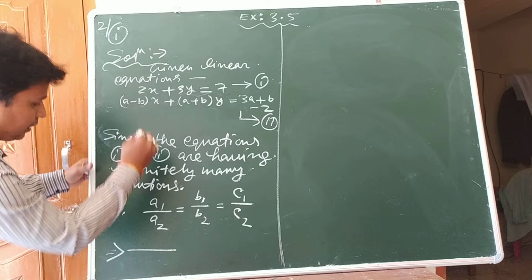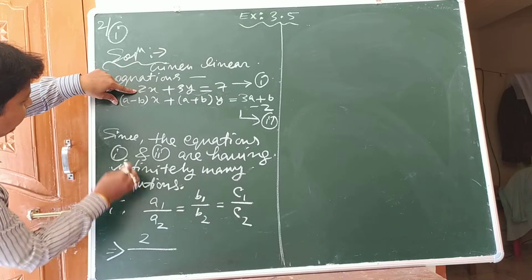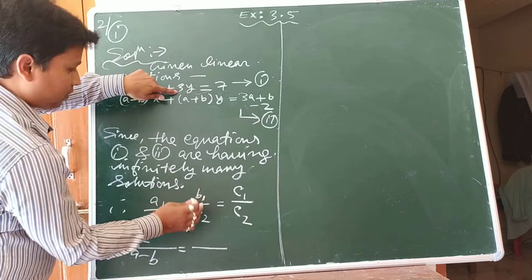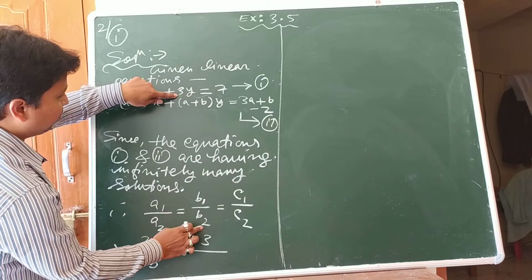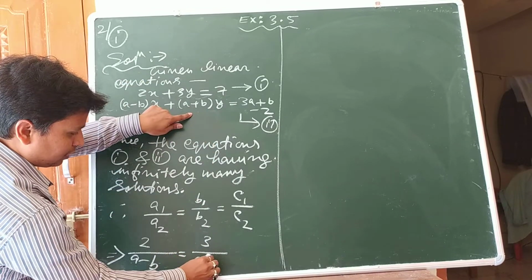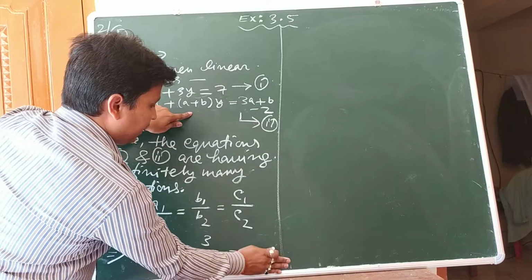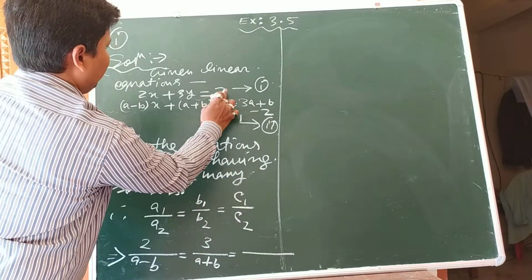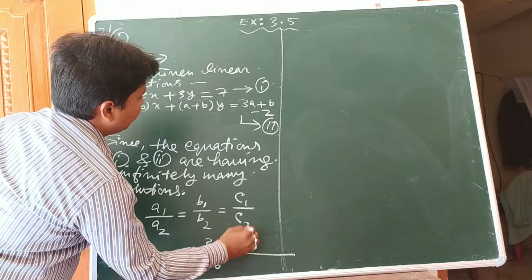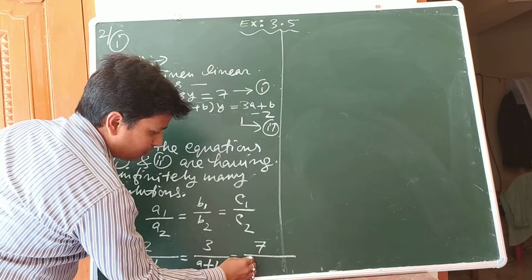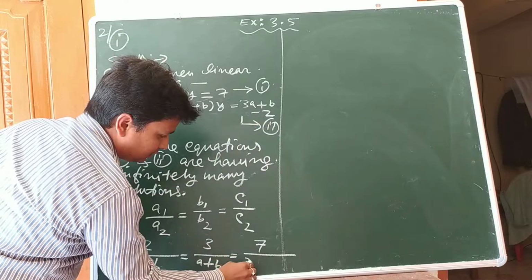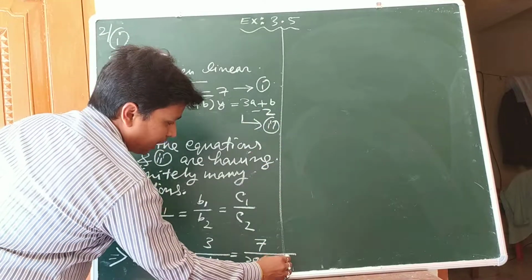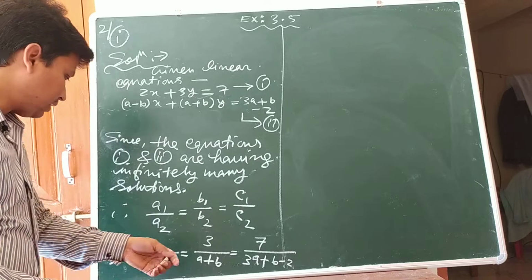So a1 is 2, a2 is a minus b, b1 is 3, b2 is a plus b, c1 is 7, and c2 is 3a plus b minus 2.